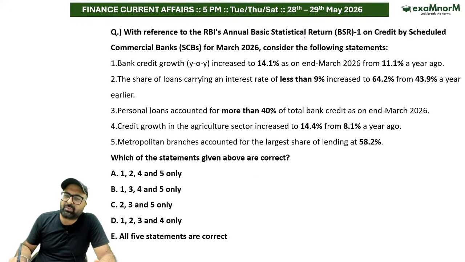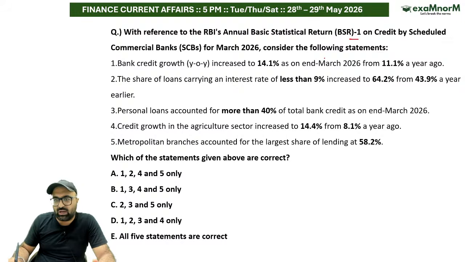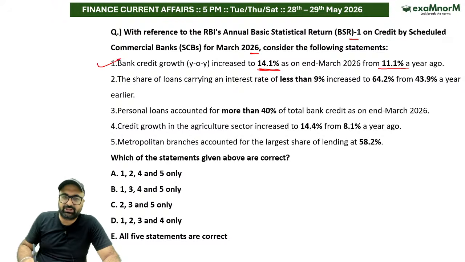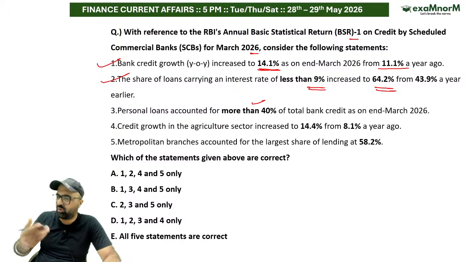With reference to the RBI annual report BSR1 on the credit by scheduled commercial banks for March 2026, consider the following statements. Bank credit growth increased to 14.1% in the end of March. That is correct. The share of loan carrying an interest less than 9% has increased to 64.2%. Correct. Personal loan accounted for 47.8%, which is more than 40%.